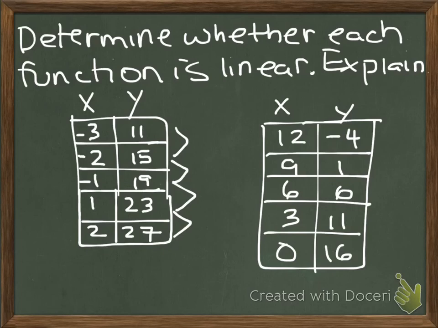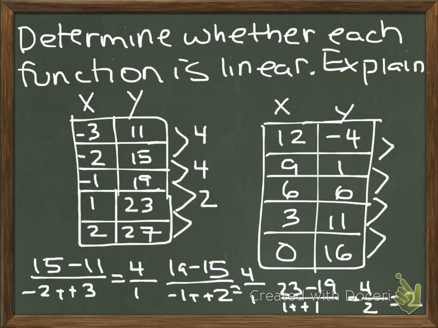And if these slopes are all the same, then it would be linear. If they are not the same, meaning they don't have the same rate of change, then it's not going to be linear. I'm going to do the same thing with the next one. Find the slope for these 2 points, and these 2 points, these 2 points, and these 2 points. So we're going to find the slope 8 times.